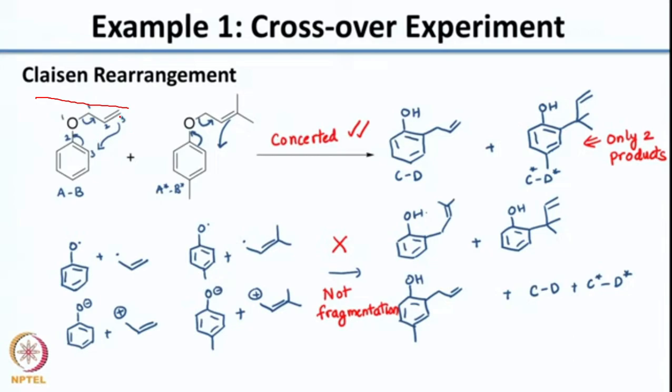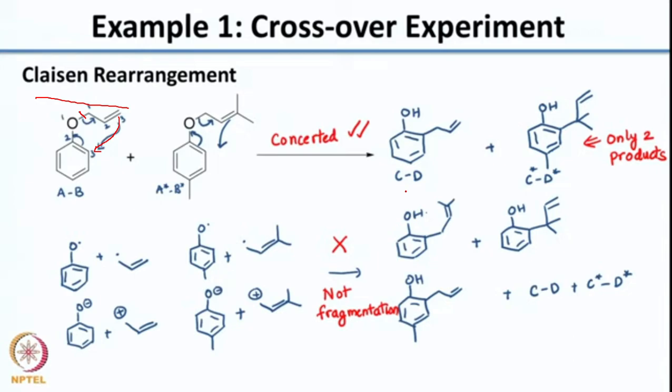So the bond breaking takes place at the same speed as the bond formation. So there is no possibility for crossover because immediate bond formation is taking place. There is no free fragment or any charged species to interact with the intermediate, right?